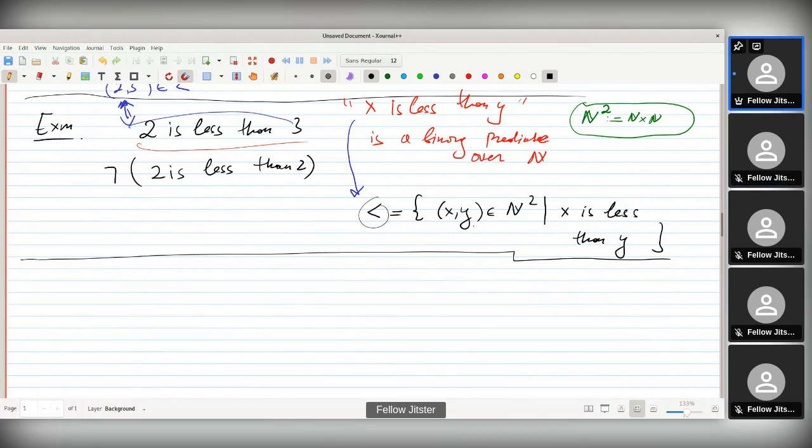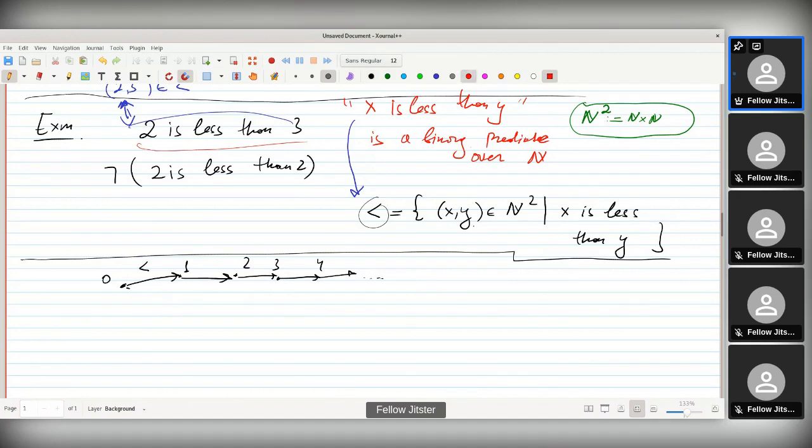Say, of course, it is infinite, but nevertheless, 0 is clearly less than 1. So we should have such an arrow. 0 is less than 2. But moreover, 1 is also less than 2. 2 is less than 3, 3 is less than 4, and so on.